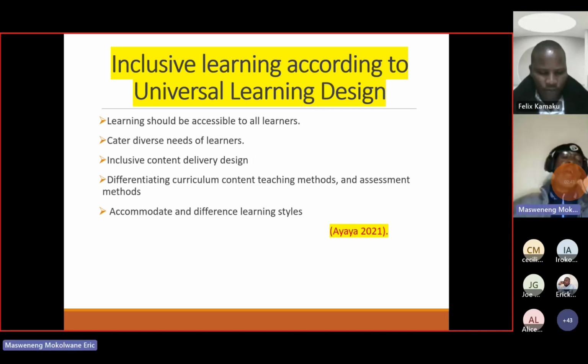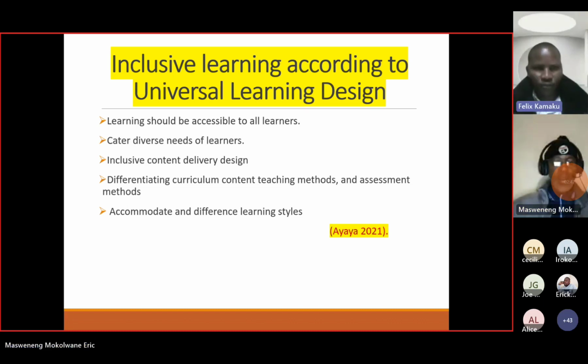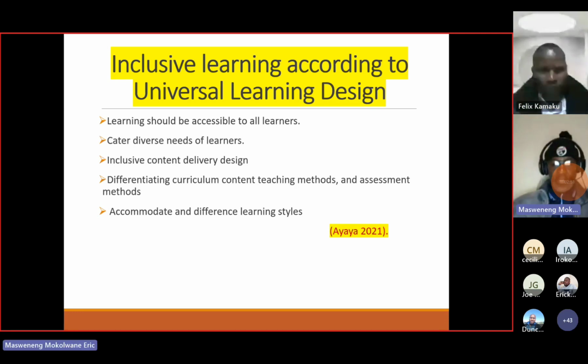It also should have an inclusive content delivery design that teachers should undertake. There should be differentiated curriculum content, teaching methods and assessment methods so that specific needs of all learners are catered for in order to dispel learning barriers.